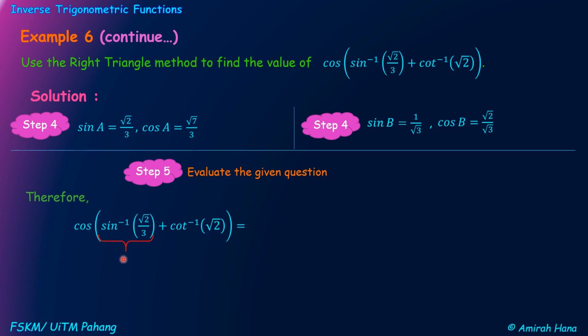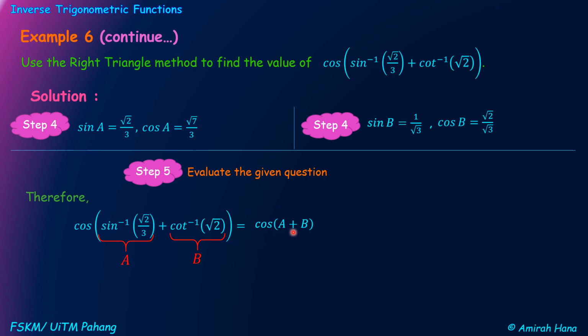In the first step, we have inverse sine √2 over 3 equals A, and inverse cot √2 equals B. Then we can rewrite in terms of A and B, so we get cos(A + B).